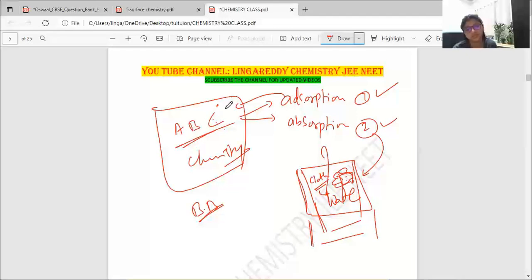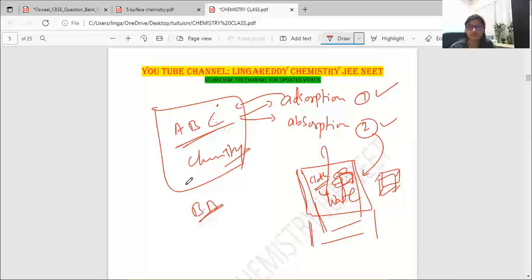But in the case of a sponge, if you remove the first layer, in the second layer also water is there. The sponge is completely dipped in the water: the upper layer, middle layer, down layer, completely merged in the water. So the water is everywhere. But in the case of adsorption, it is only a surface phenomenon.